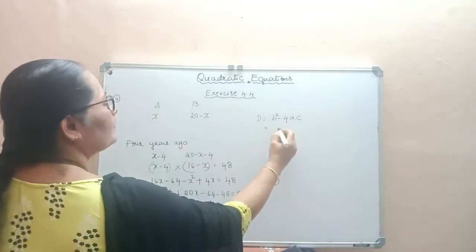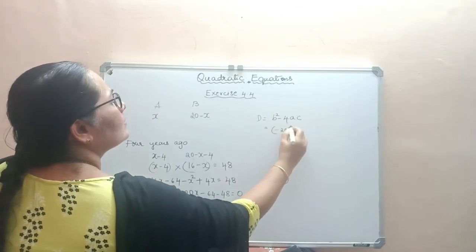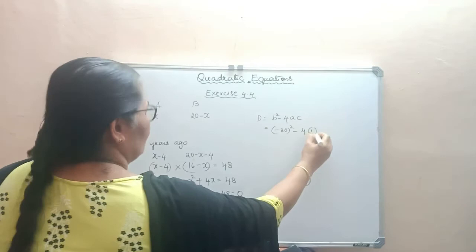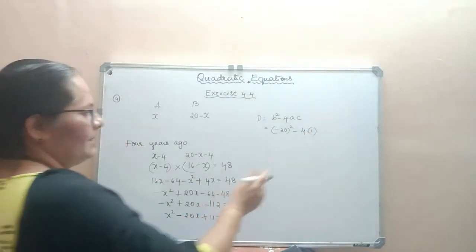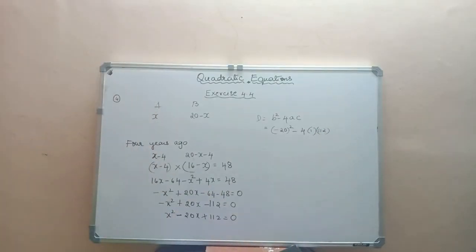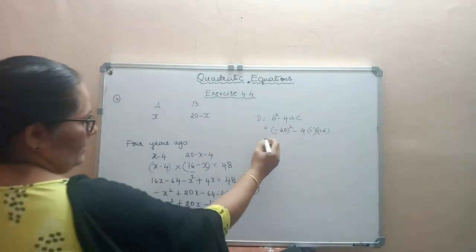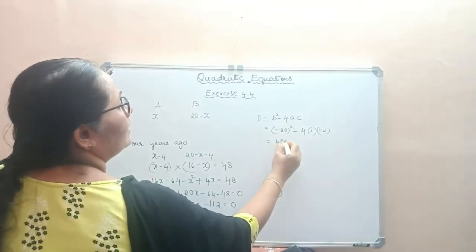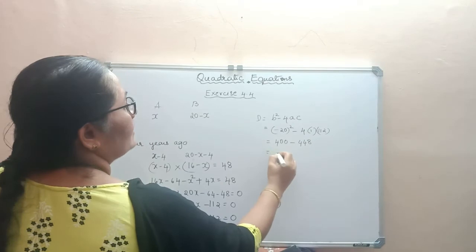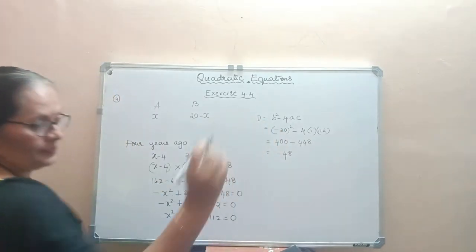Minus 20. 4, a is 1 and c is 112. So minus 20 square is 400, and 4 1s are 4, 4 112s are 448. So we get here minus 48.